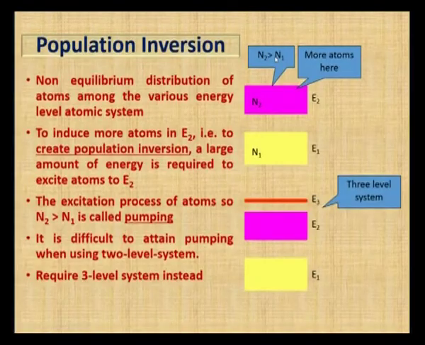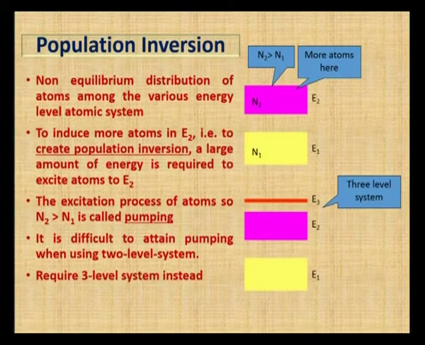This can be achieved by exciting the atoms from the lower level to the higher level, making the population in the higher level larger. This process is called inversion. That is what we observed from the figure: N2 is greater than N1, so population inversion is achieved, where the atoms in N2 are more than in N1.